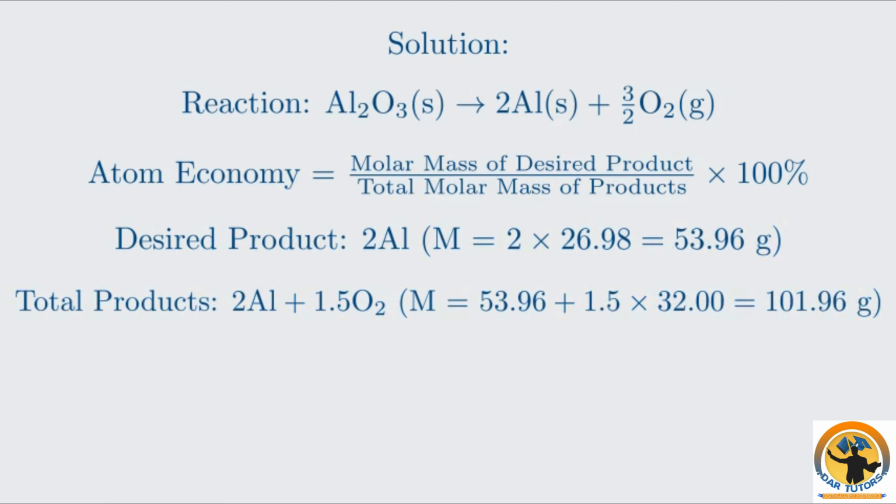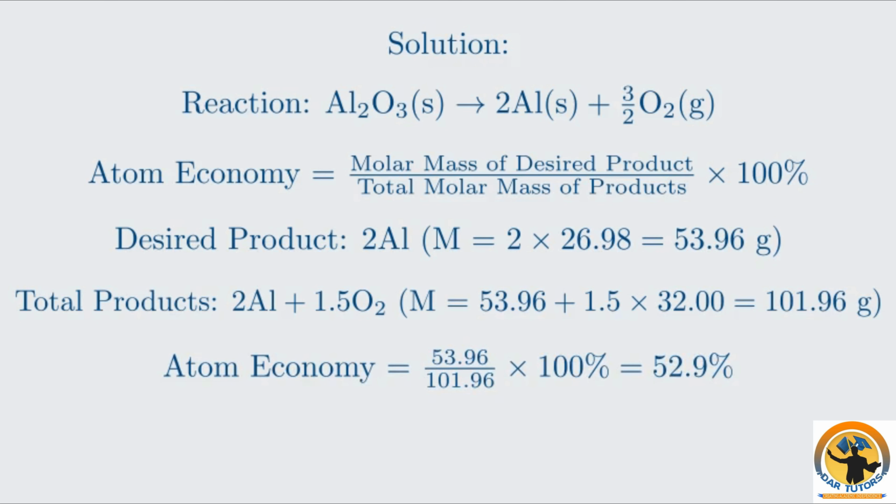Plugging in the values, we get 54.0 grams for the desired product and 102.0 grams for the total products. The atom economy is 53.96 divided by 101.96, multiplied by 100%, which is 52.9%. This means that in this step, almost half of the mass ends up as oxygen gas, a byproduct.